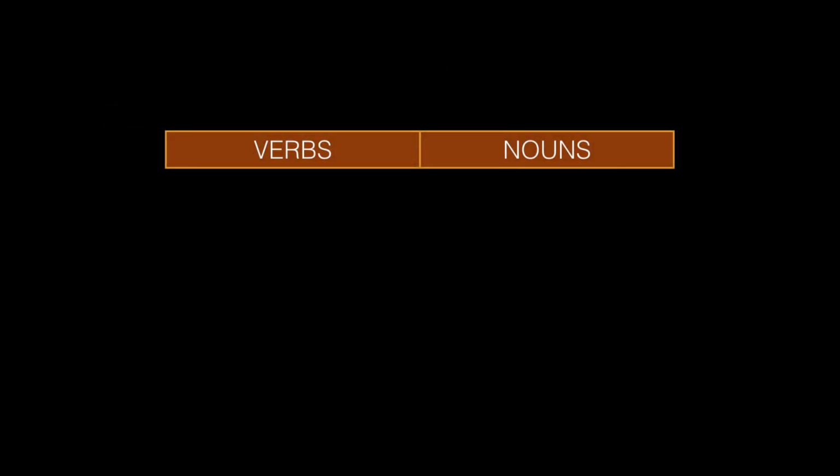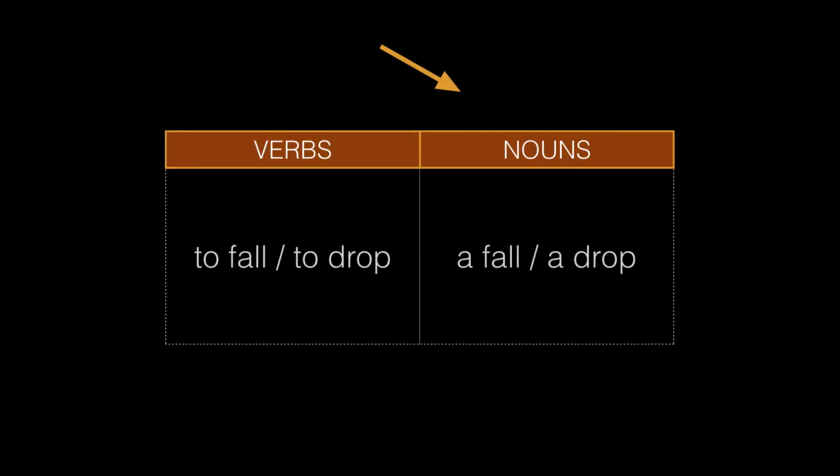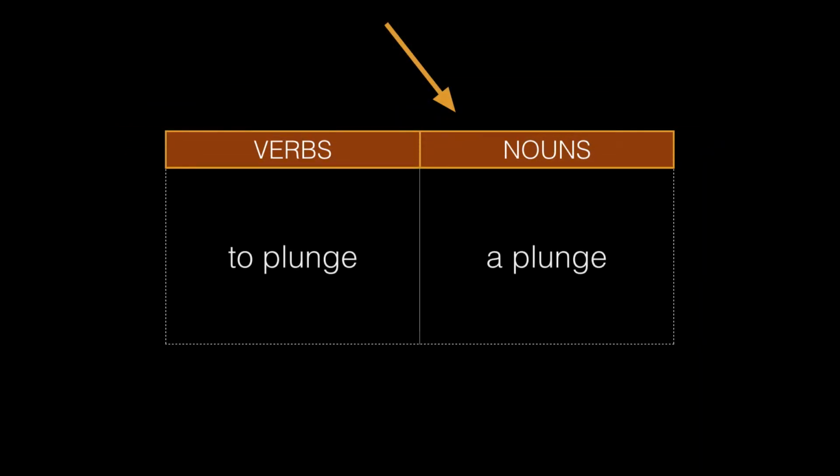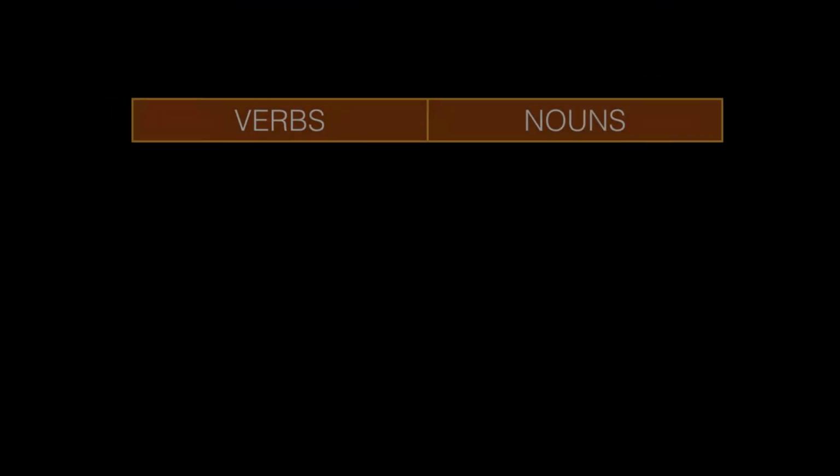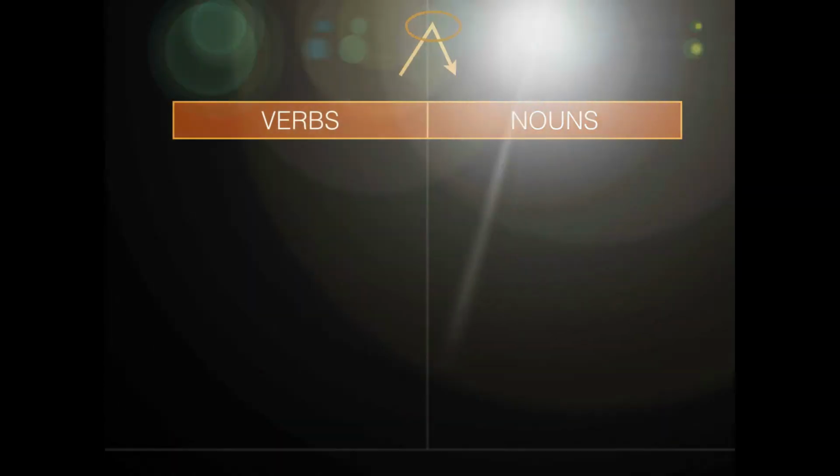Also, to fall, the verb, noun, a fall. To drop, verb, and noun, a drop. For a very quick and large fall, we have to plunge, the verb, and a plunge, noun. Now we can say to peak, or we have the noun a peak.